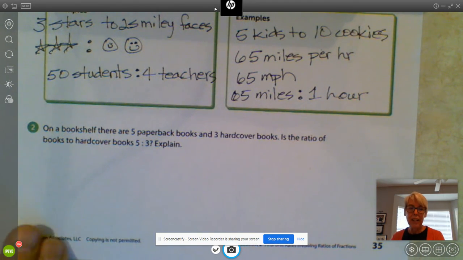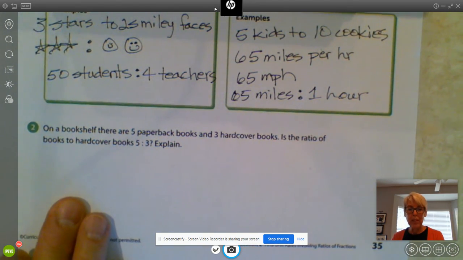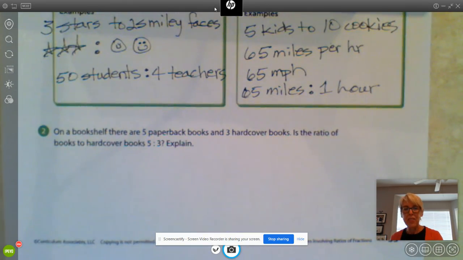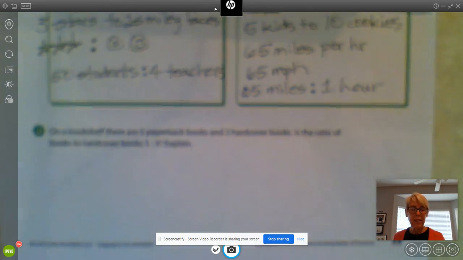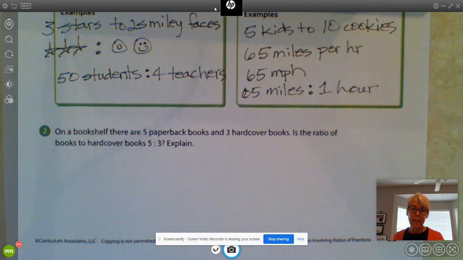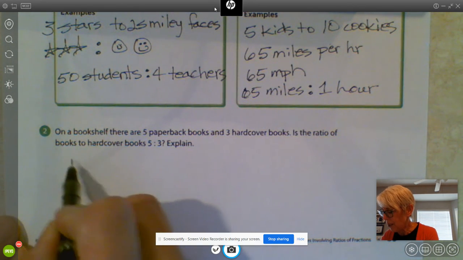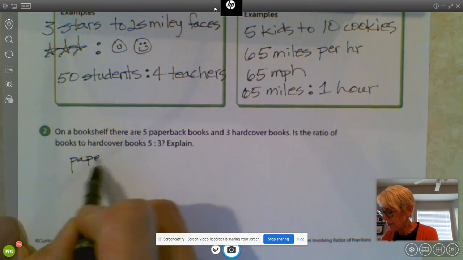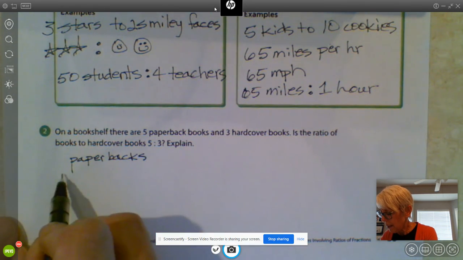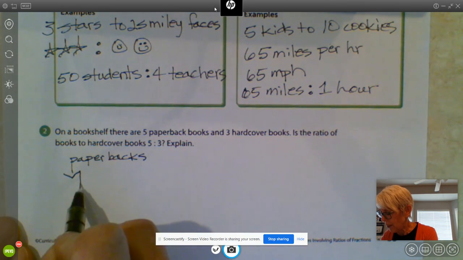On a bookshelf, there are 5 paperback books and 3 hardcover books. Is the ratio of books to hardcover books 5 to 3? So let's draw out our picture. Here we've got paperbacks.